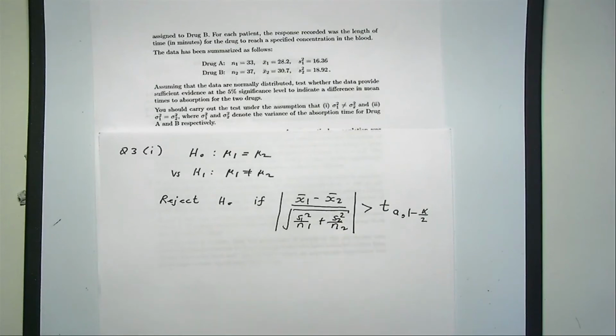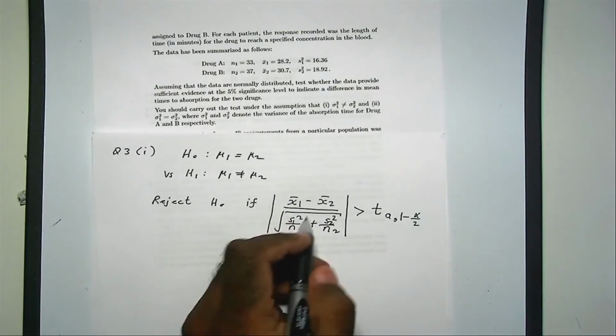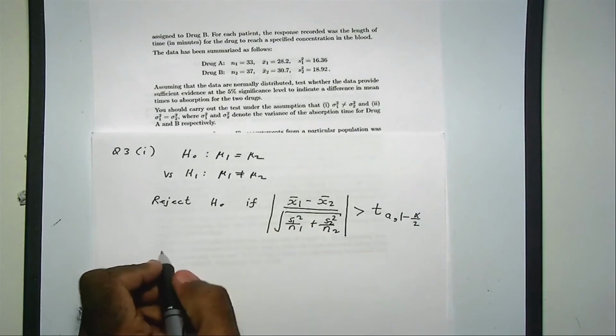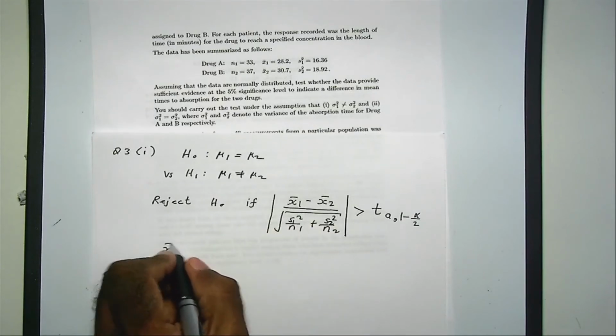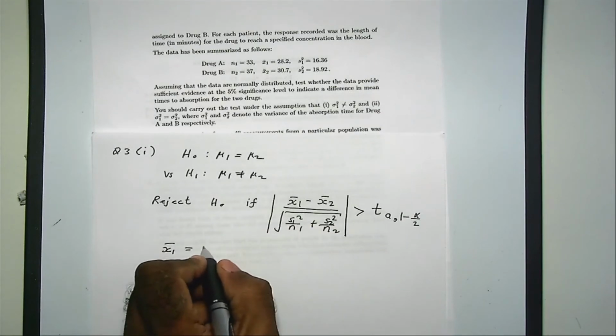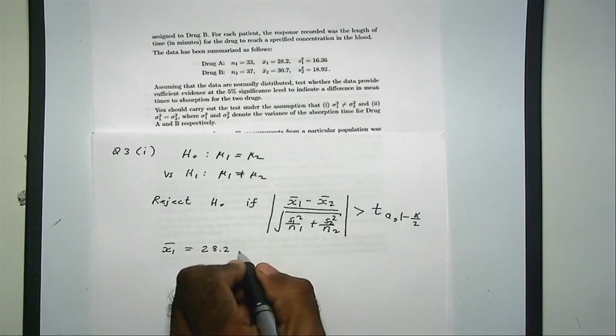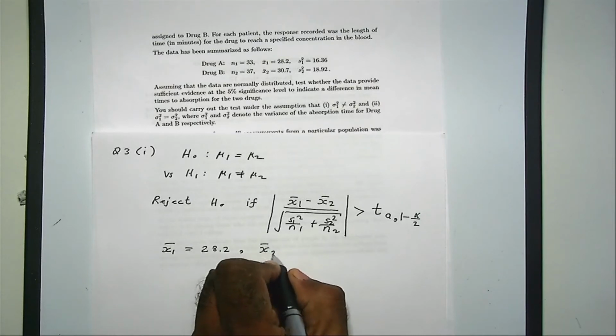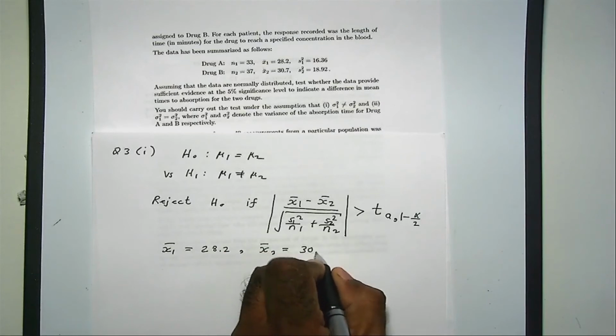All right, now let's write down what the values are that are given to us. We are told that x bar 1 is 28.2, right? X bar 2 is 30.7.